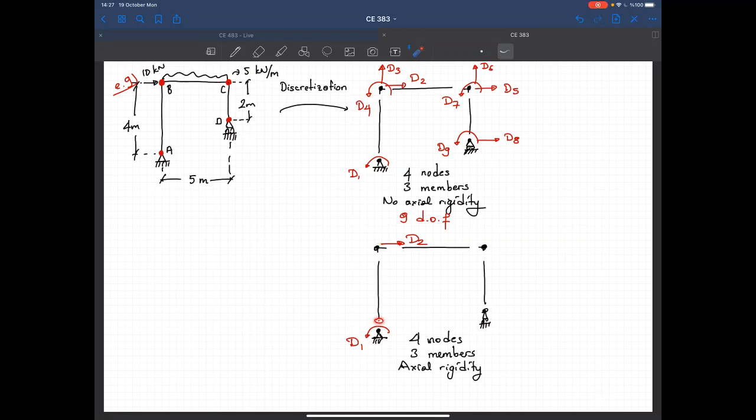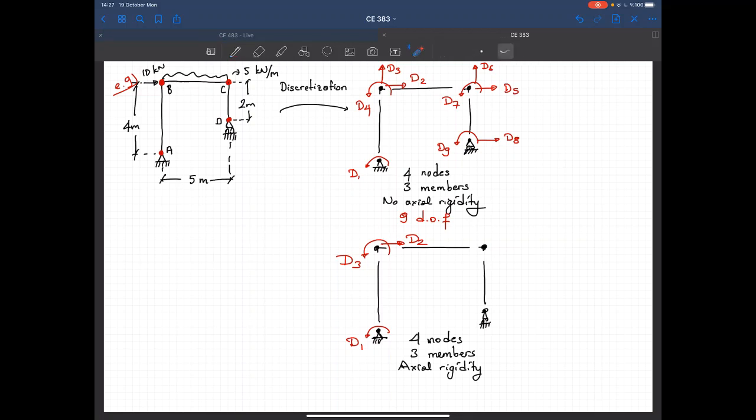Because I have a support at the end of this column, and if this point moved upward, then this column would have to elongate, which is not possible because it's axially rigid, no deformation. So there is no vertical translation. That translation is equal to 0. The third question, can it rotate? The answer is yes. So we have the third degree of freedom here.